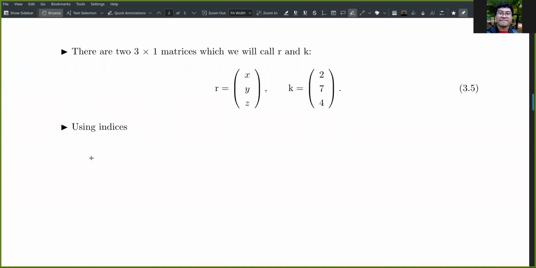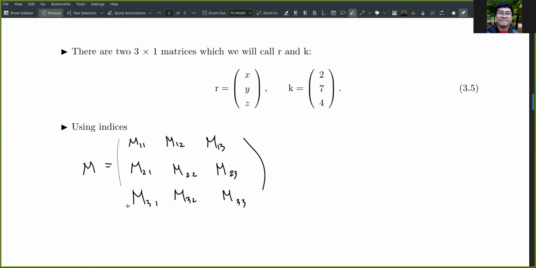If you use indices, take note that M is M11, M12, M13, M21, M22, M23, M31, M32, and M33.